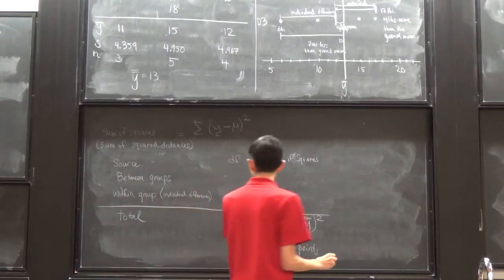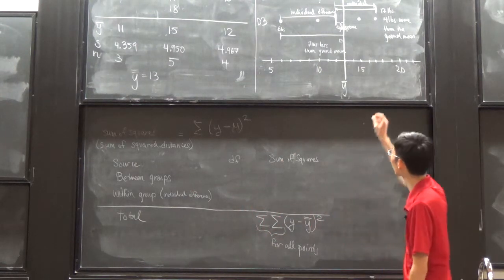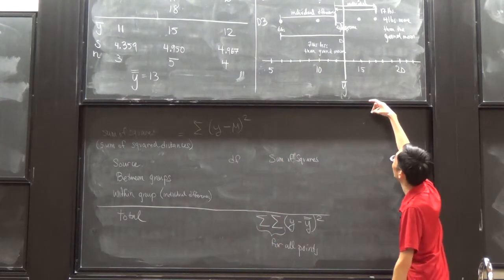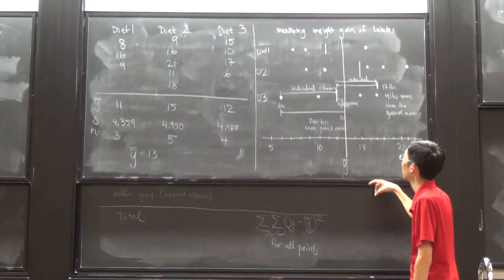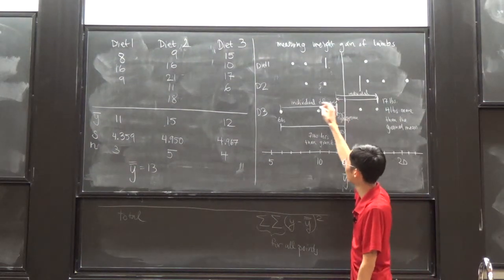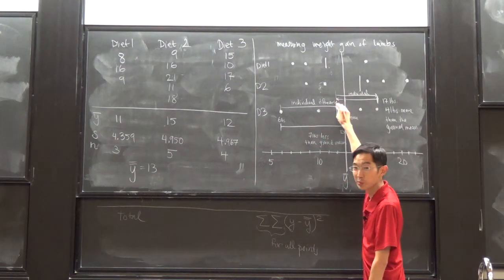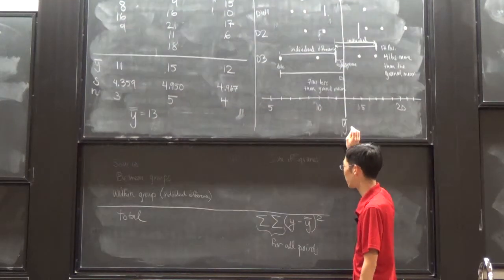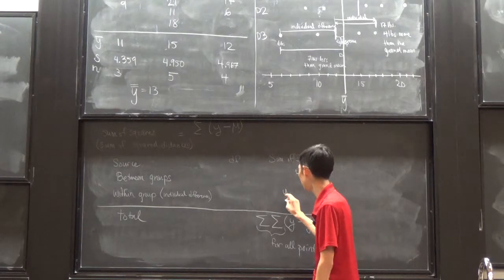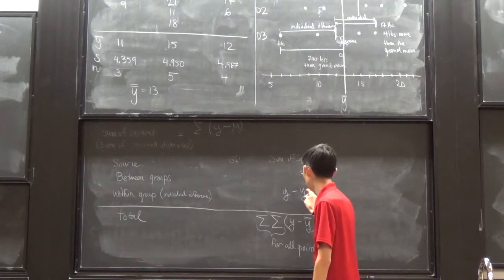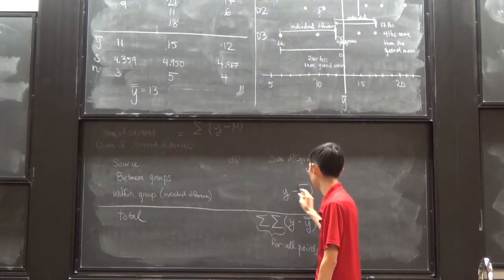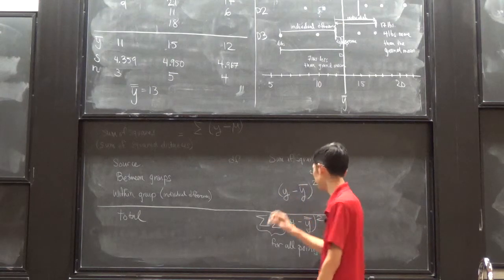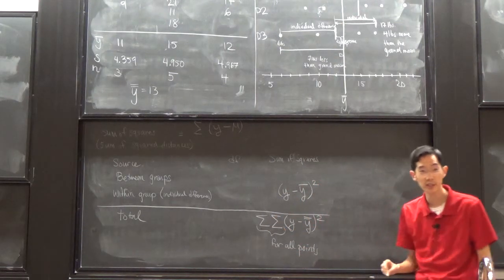For the sum of squares of the individual difference, if I were to figure out the individual difference from the group mean for all of these points, I would be taking each point, subtracting off the group mean y bar, and squaring that.